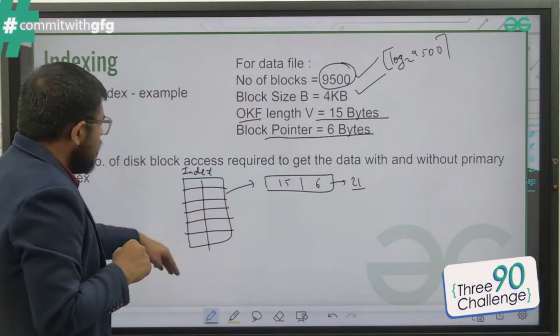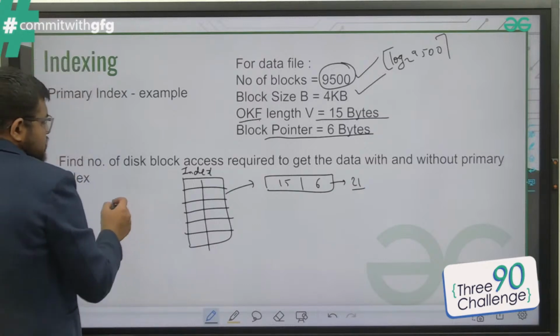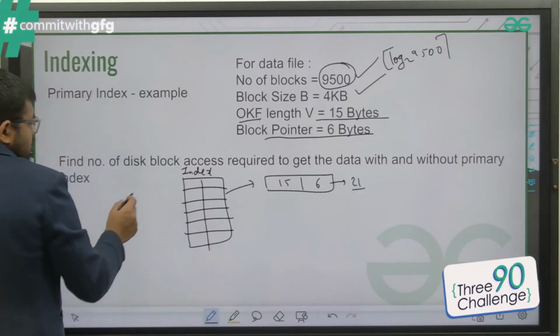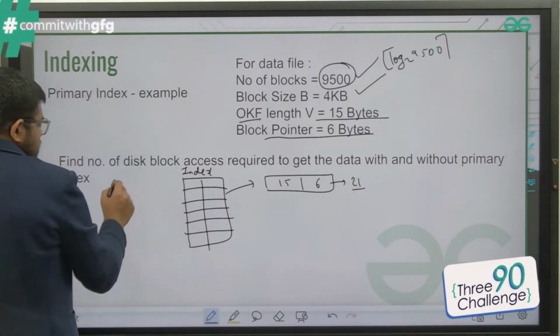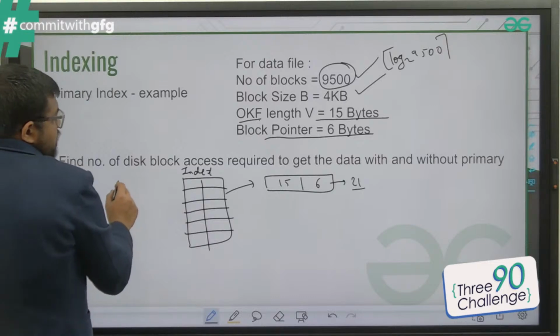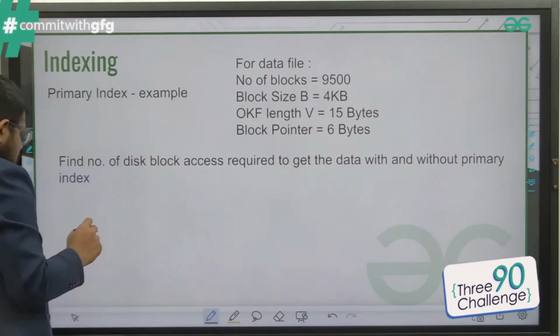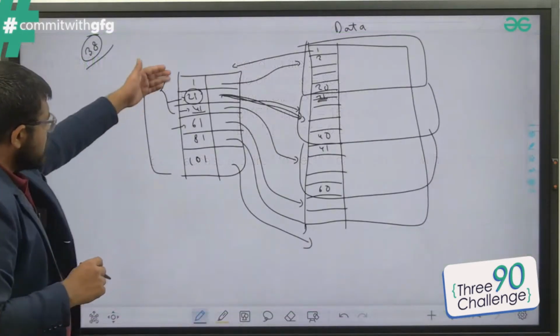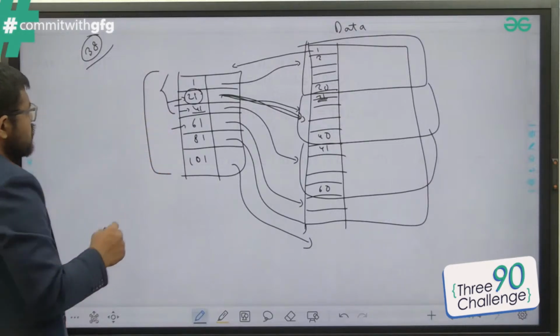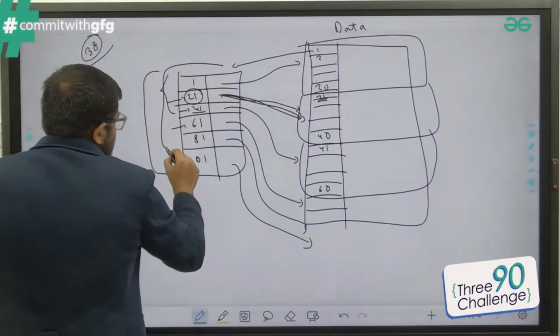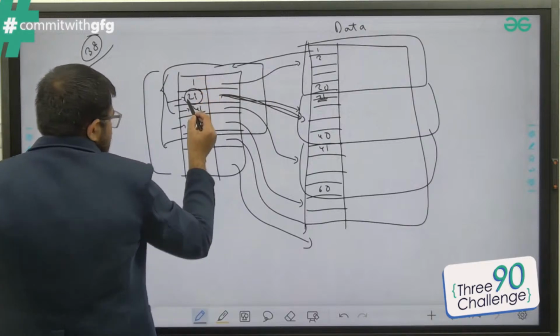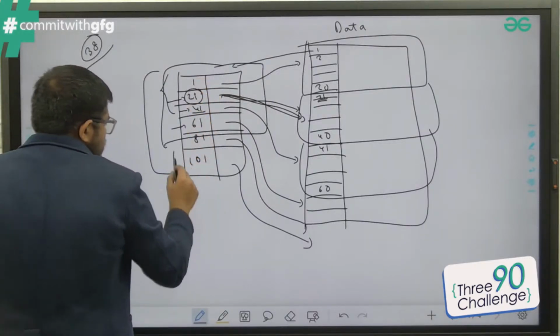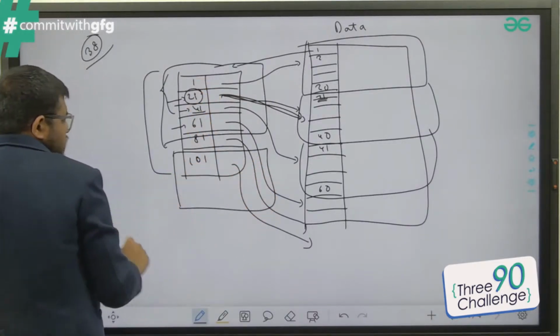Now, in one block, how many records can be there for the index structure? This can also be divided into blocks. The first block will contain the information, let's say from 1 to 61, and the next block from 101 to something else.